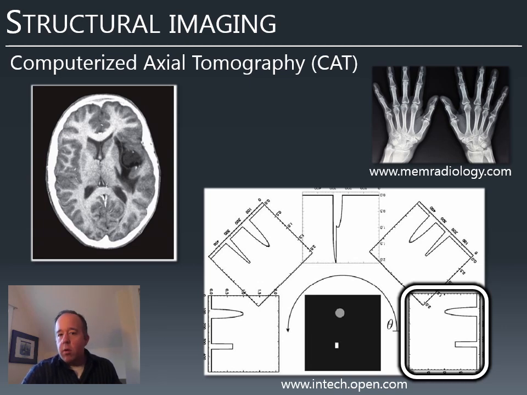If you rotate around whatever it is you're imaging, while taking a continuous series of 2D images, you can put all those 2D images together and then reconstruct a 3D image. And that's what a CAT scan is. It's a 3D X-ray. But it looks at brain structure. It's an observation. It's not changing the structure of the brain. And it's non-invasive. It doesn't involve breaking the skin.